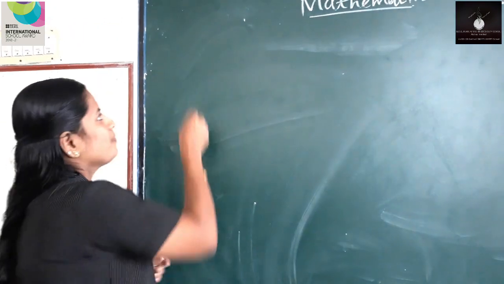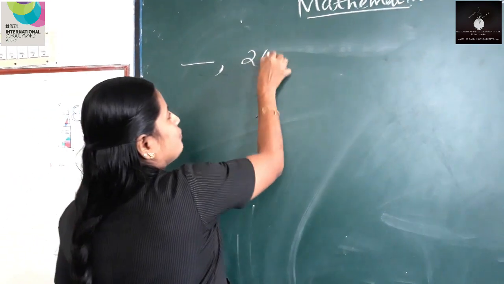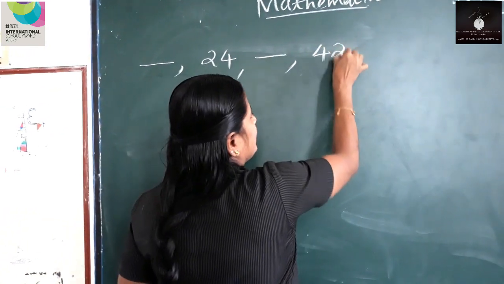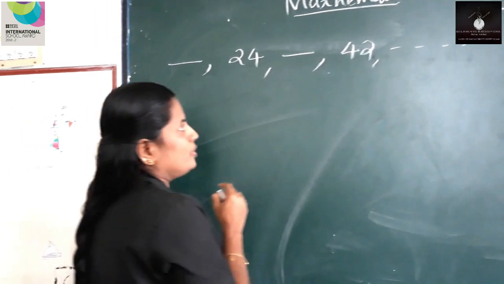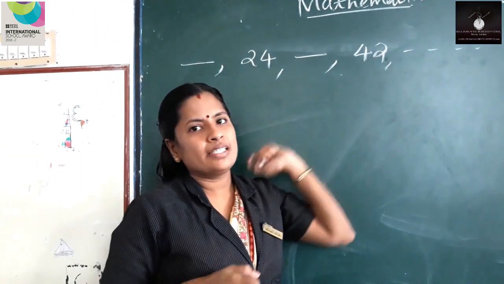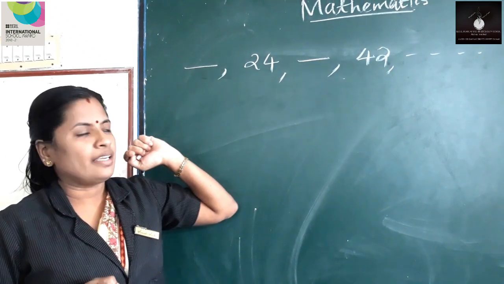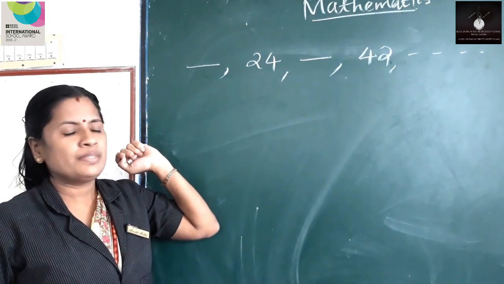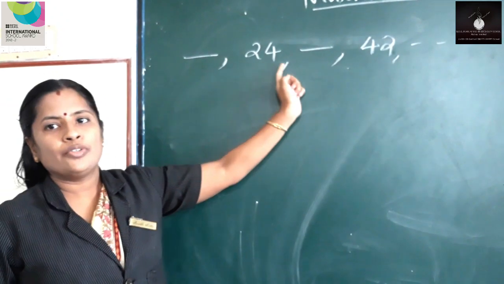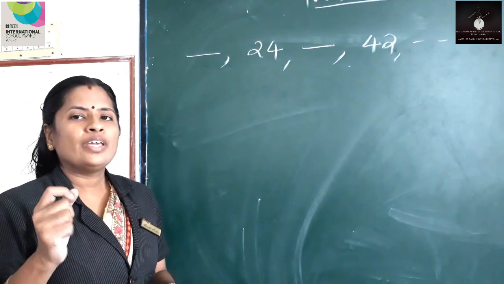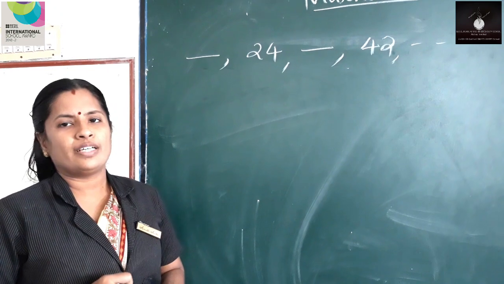Now see this. Dash, 24, dash, 42 and so on is an arithmetic sequence. Here first and third terms are missing. How will you find out these terms? Here no consecutive terms are given, so we cannot find out the common difference.